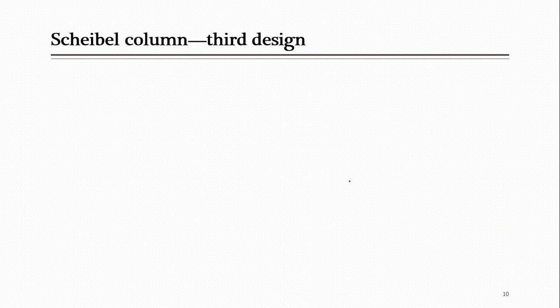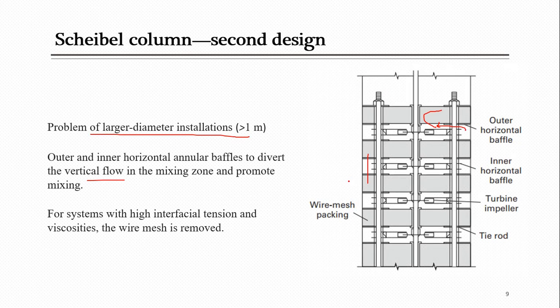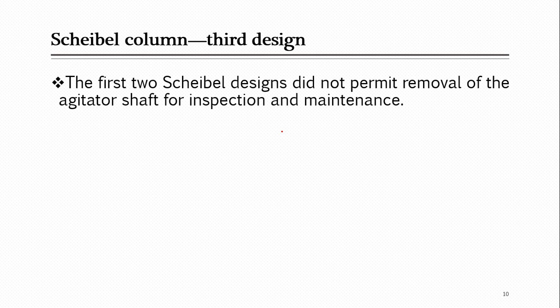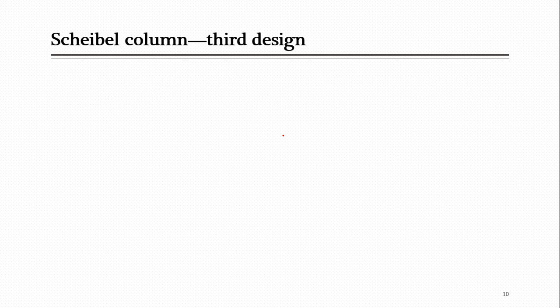So overall, these first two designs, the initial design, were improved by just introducing some extra baffles inside the column, especially in large size columns greater than 1 meter. But both designs have one problem, and what was that problem? Actually, this didn't allow the removal of the agitating shaft.